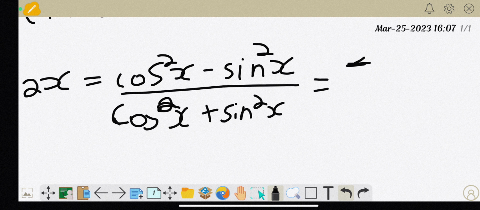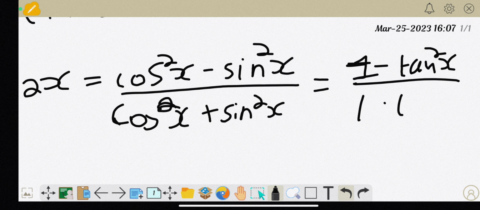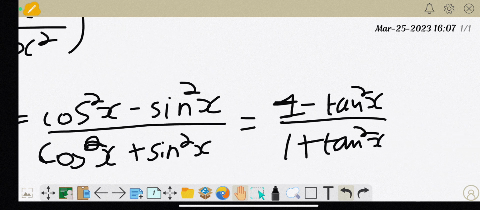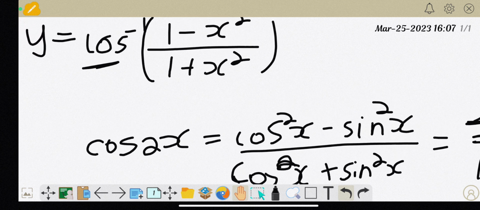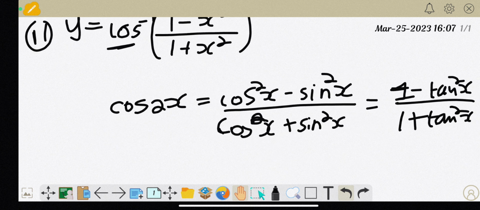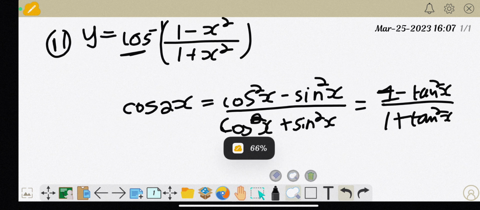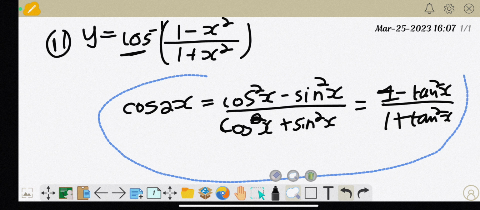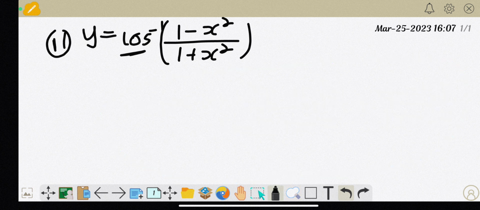It will become 1 minus tan square x divided by 1 plus tan square x, correct? So is this formula related to this? Yes. So our suitable substitution is x is equal to tan theta. So y is equal to, yeah, so let's write properly.